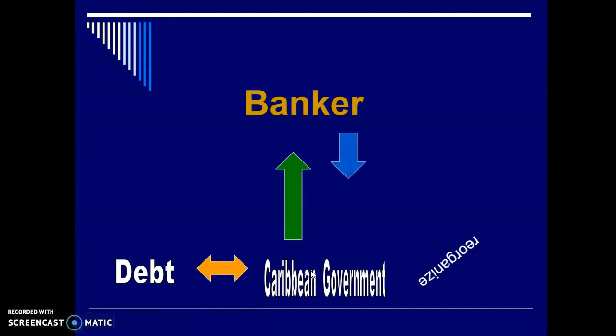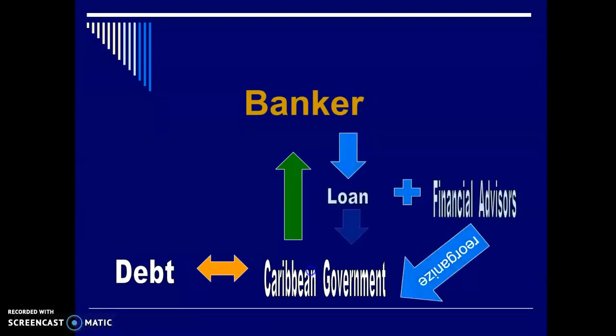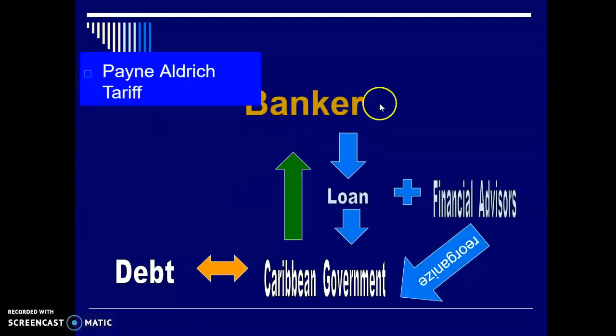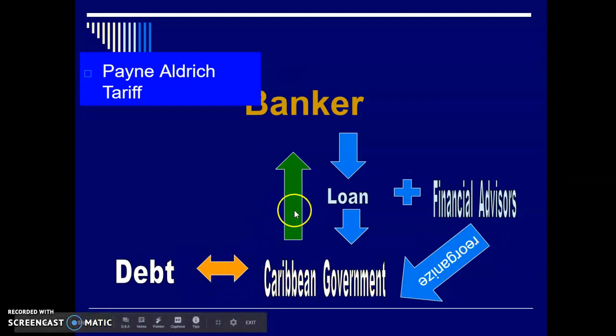So here's how it looks. Okay, so you have the banker. The banker is convinced by Taft to loan a large sum to a Caribbean government. That Caribbean government would then reorganize, spend that money, and then pay the U.S. back through custom receivership.